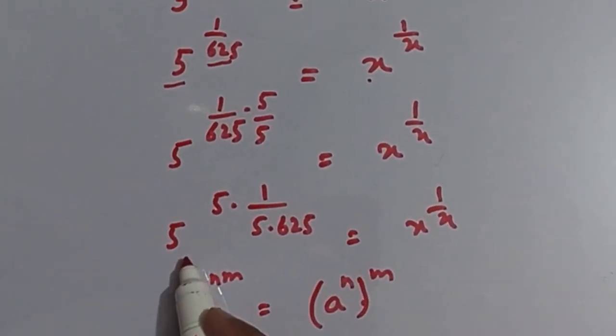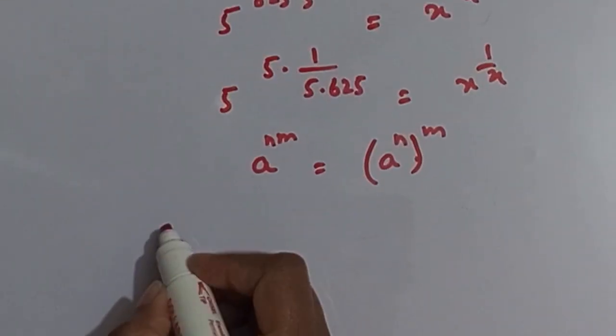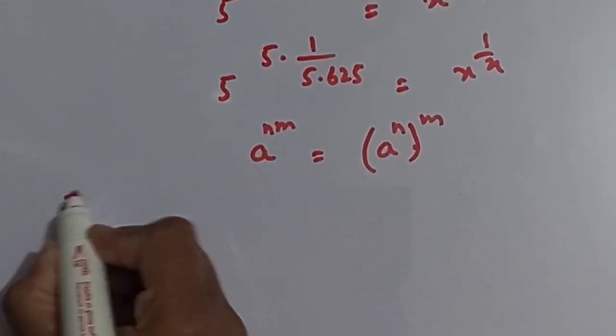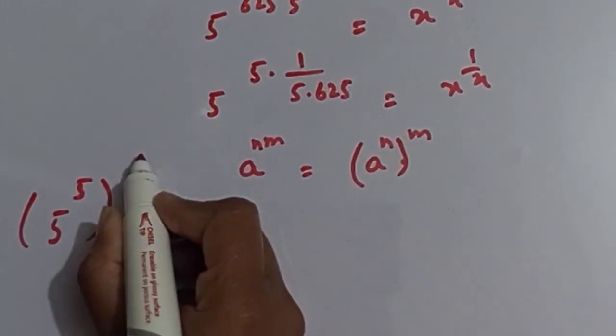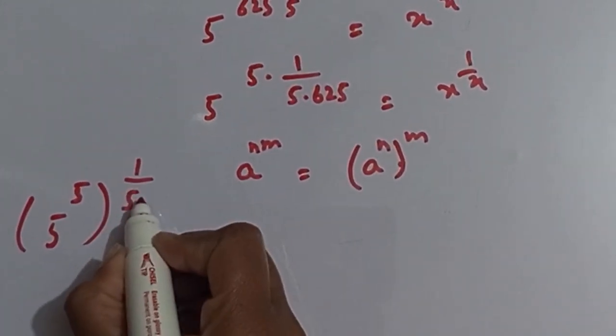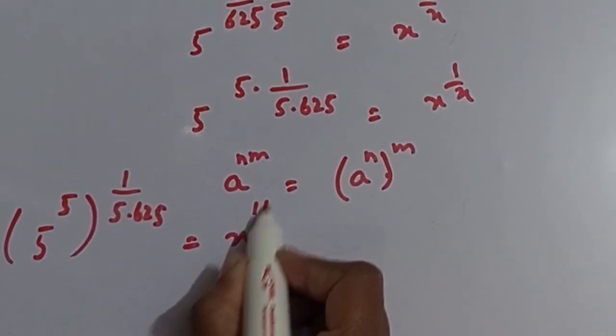We apply this identity on the left hand side, then we have 5 raised to the power 5, and then again its power is 1 over 5 multiplied by 625, and this is x raised to the power 1 over x.